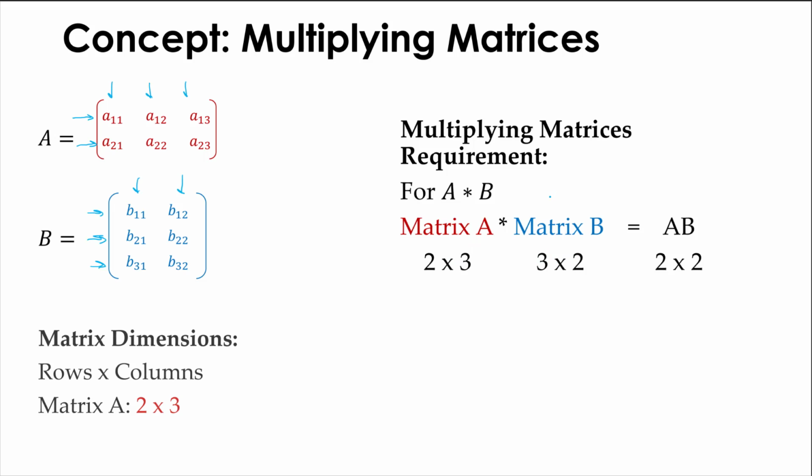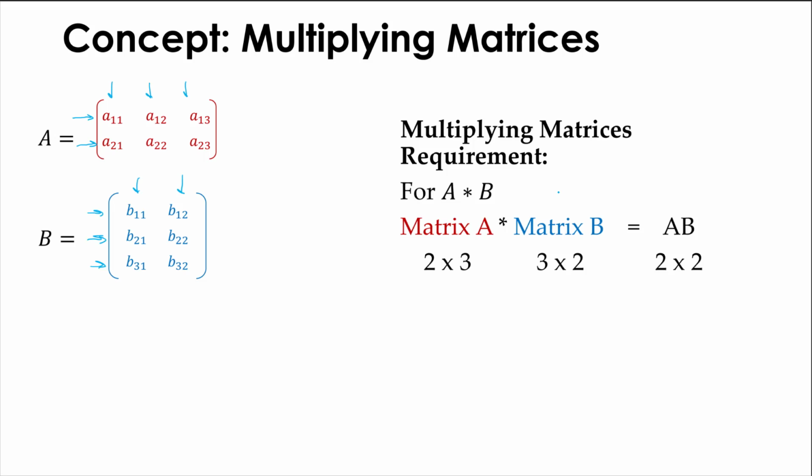Because I have this requirement that says the number of columns in the first matrix needs to equal the number of rows in the second. So these two numbers need to equal each other if I'm going to be able to multiply matrix A and matrix B. So if that is true, then we can multiply them.